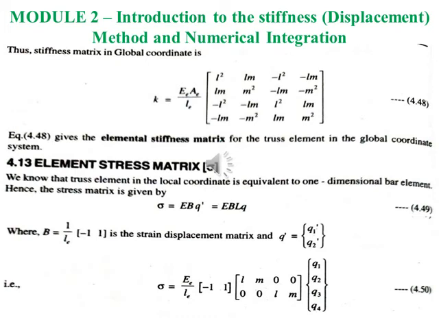So simply writing, stress sigma is equal to E^e divided by L^e into [-1 1] [l m 0 0; 0 0 l m] into [Q1 Q2 Q3 Q4]. So multiplying this matrix, we get the stress in the element. It is written in the next slide, so we'll move to the next slide.